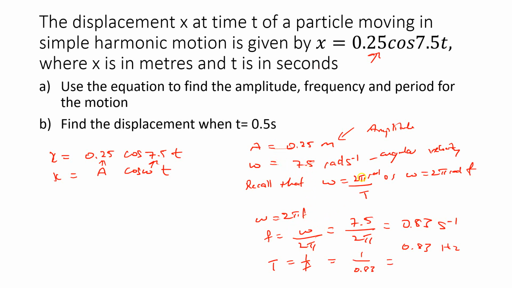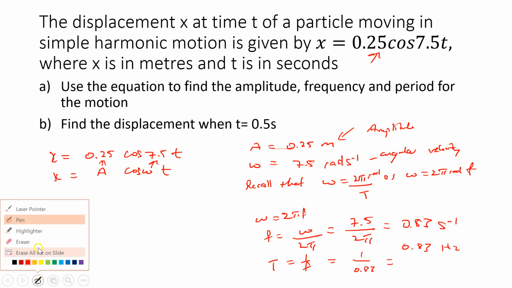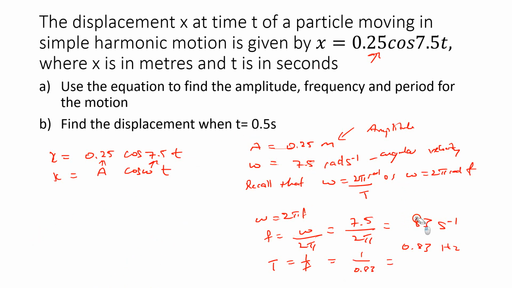So the frequency is going to be equal to 1.19. So 1 divided by 1.19 gives us a time period of 0.83. So that's what you guys should be getting.